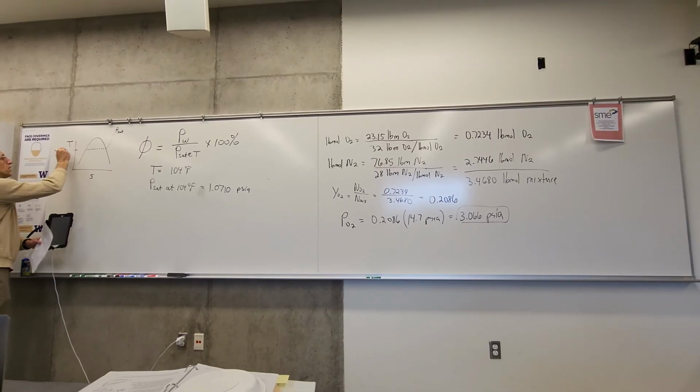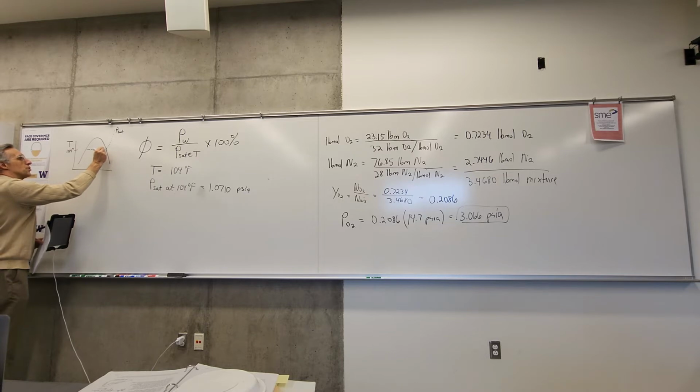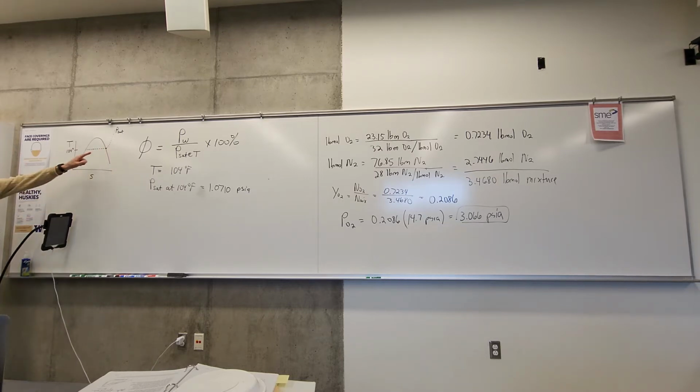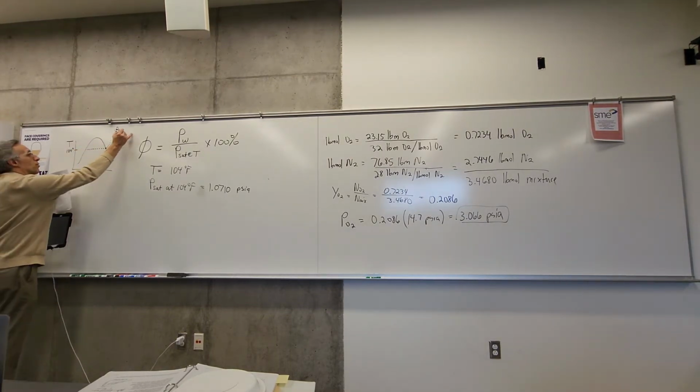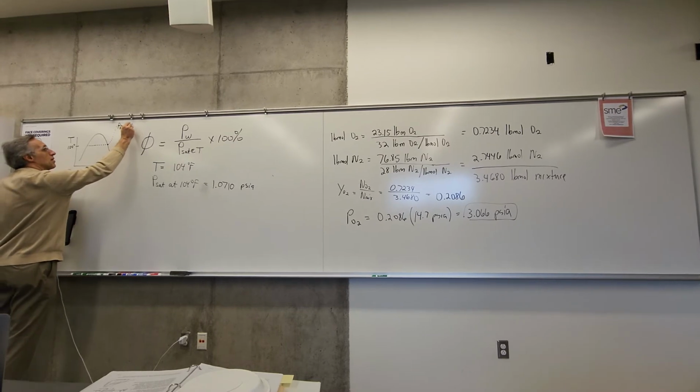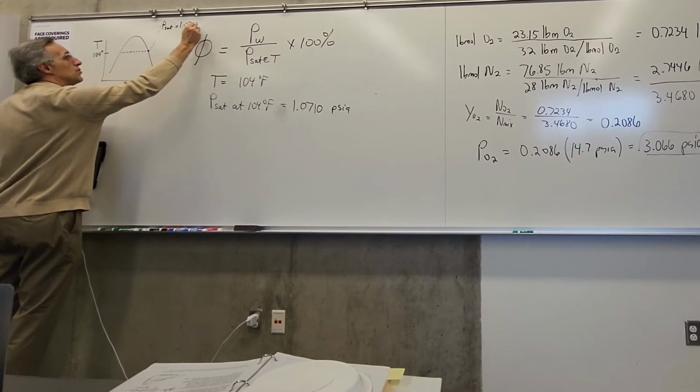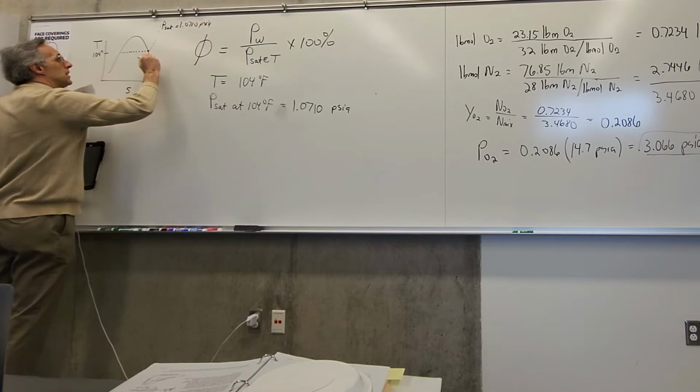Temperature is 104 degrees. So saturation would be right there. We have saturated water vapor. When we're at that point we're on the saturated vapor curve, and the temperature is 104 degrees, and that line of constant pressure would be 1.0710 psiA.